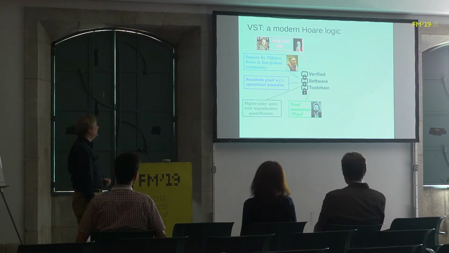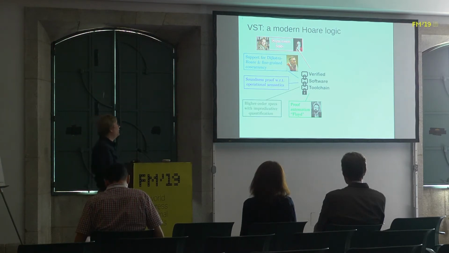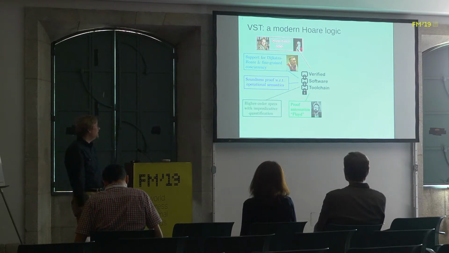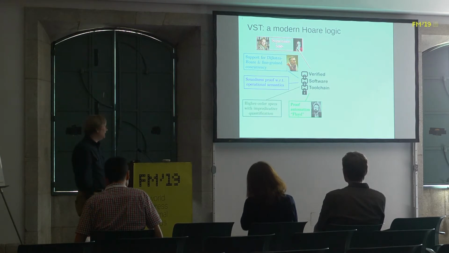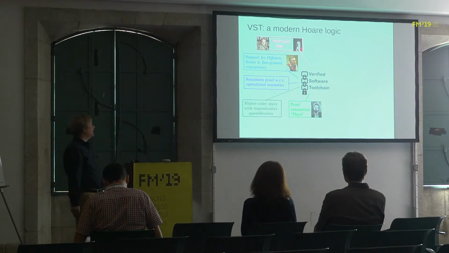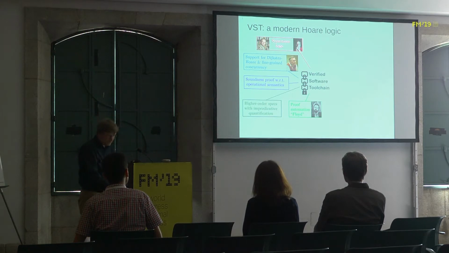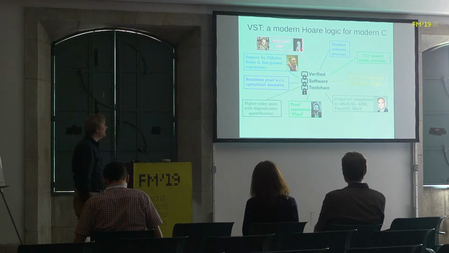We want soundness proofs of our verifications and logics with respect to operational semantics. We want expressive specifications where we can reason about application domains and not just code correctness. And we want good automation that helps the user be productive. We want to apply that to modern C.